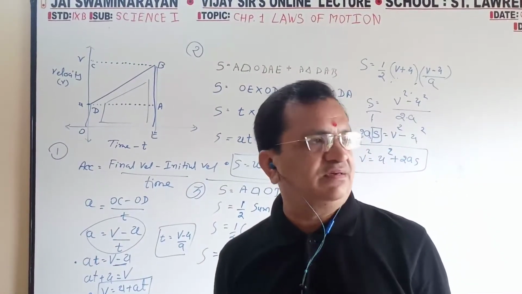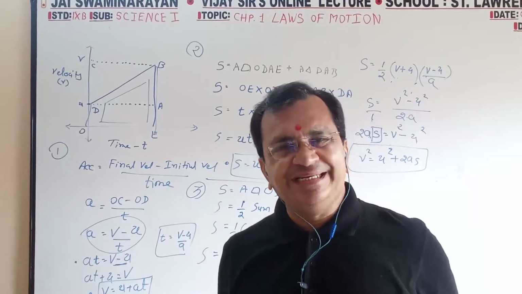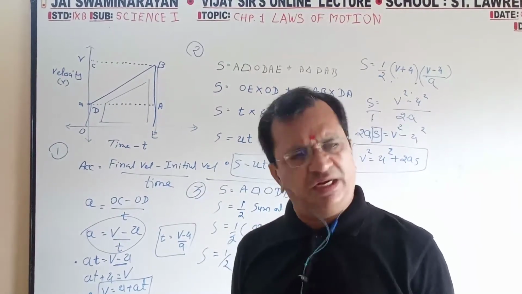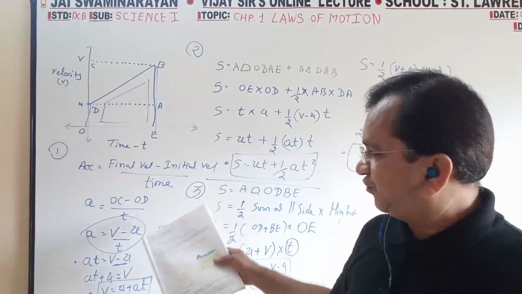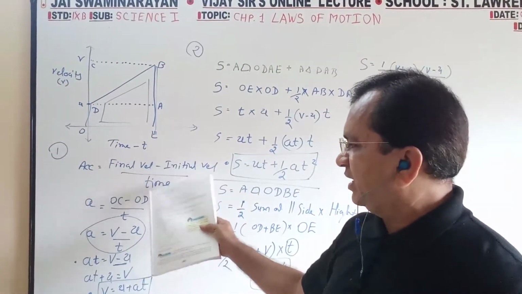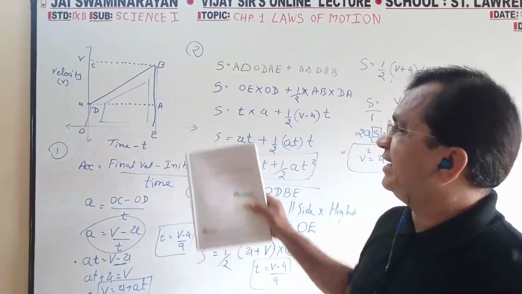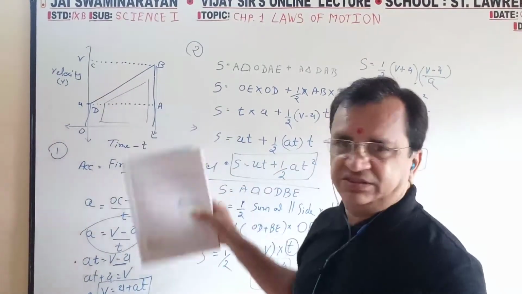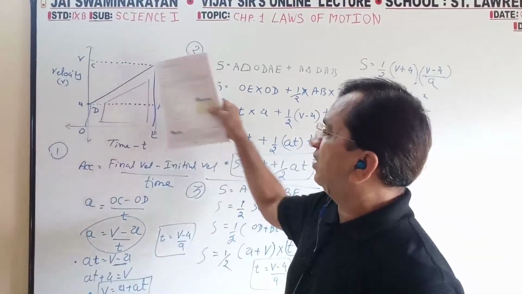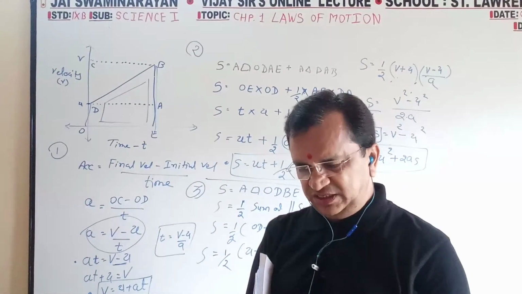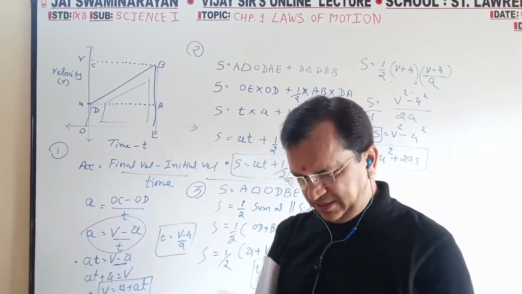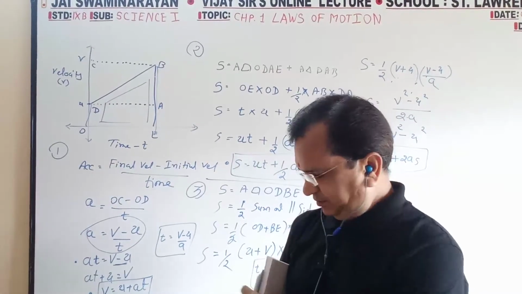They can ask you to derive the first, second or third equation, any one, by graph. So you have to use this. For the first, you have to write the formula and substitute. For the second, area of this plus area of this. In the third, the full area of the trapezium. Trapezium means one pair is parallel, the second is not.